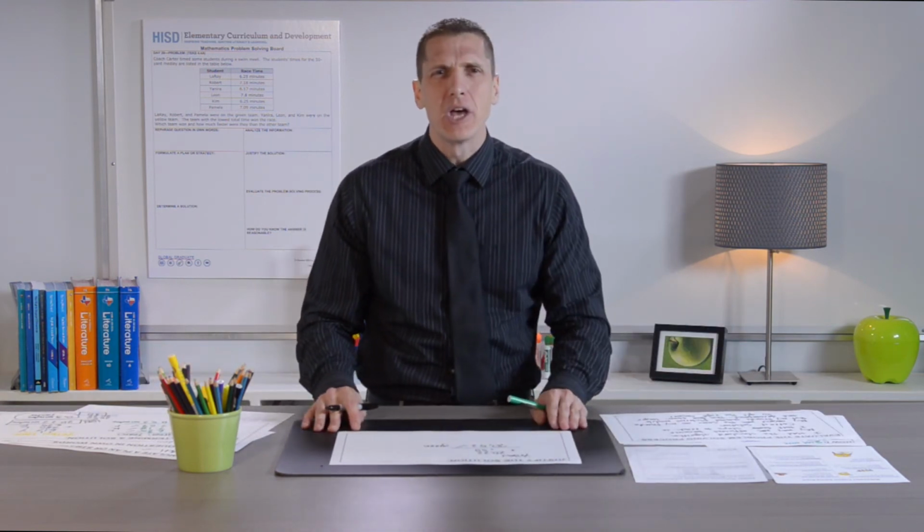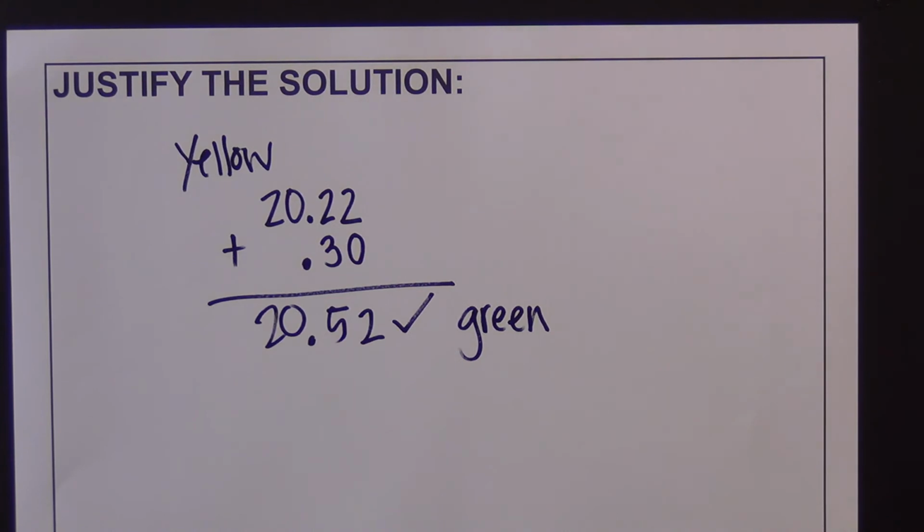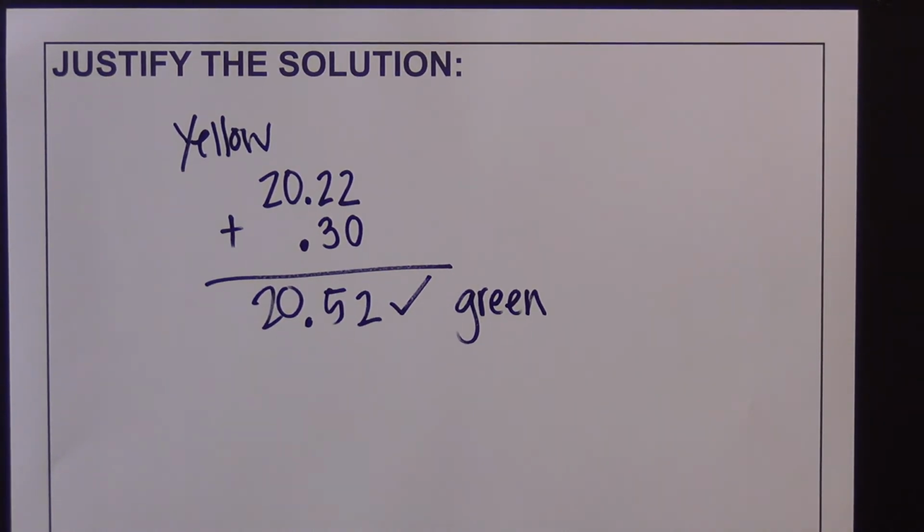Going back and thinking about what I wrote down for my justify the answer, I'm actually now thinking about my friends' strategies, and I'm realizing maybe what I put down for justify the solution wasn't as good as it could have been. Could I justify the solution with some of their strategies?